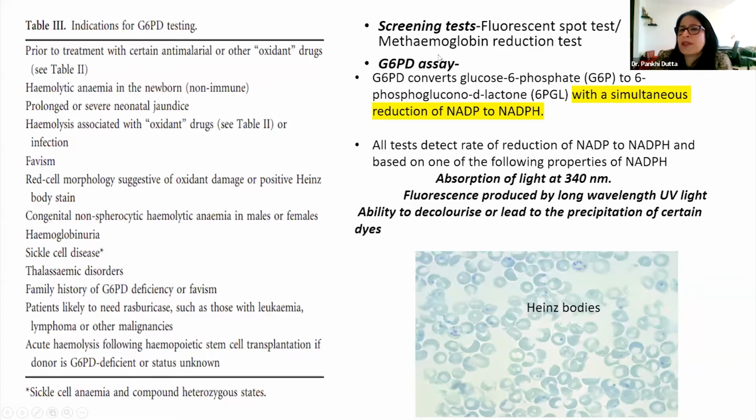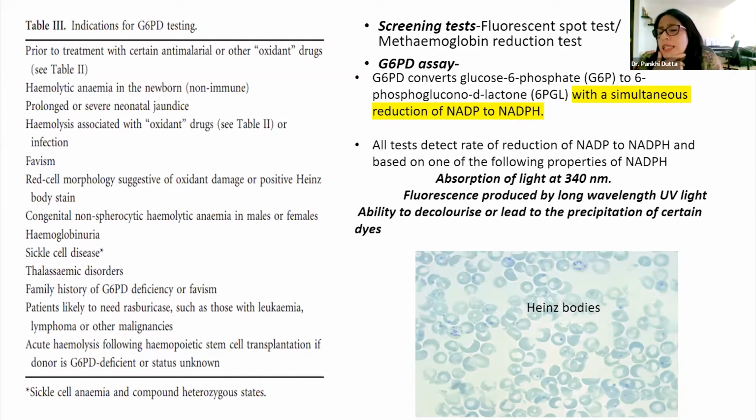Methemoglobin is formed because of oxidation of ferrous to ferric in the hemoglobin, and methemoglobin has a different color. Then we add something else to reduce it. And if the hemolysate has enough G6PD, the brown color will become reduced once again to normal blood color within a certain period of time. So these are screening tests.